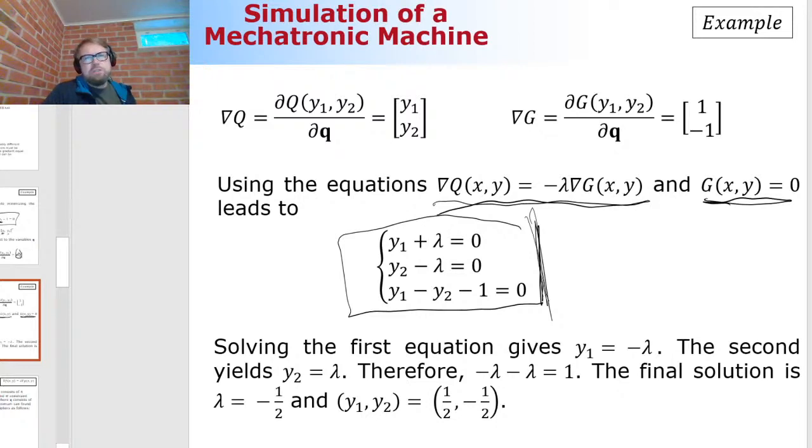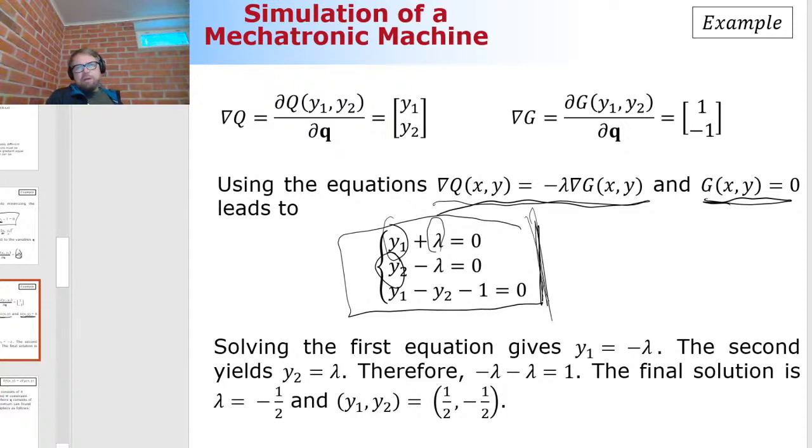Now I have three equations, and this looks okay because I have three equations and three variables. I have my original variables y1 and y2, and then one additional variable that is introduced because of the constraints, and that is the scalar component lambda, the Lagrange multiplier.